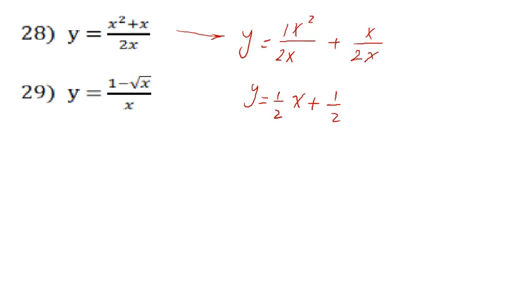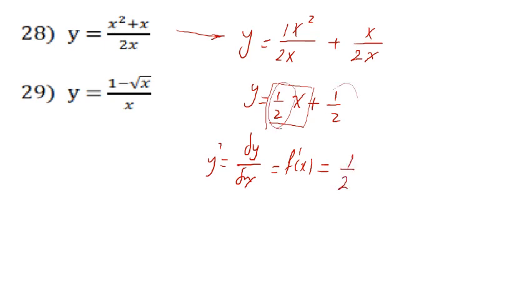So I'm going to differentiate dy by dx, or y dash, and we can call it f dash of x, which is equal to, since I have half of x, I'm taking the coefficient, which is half, and the derivative of any constant is 0, so the final answer is half.